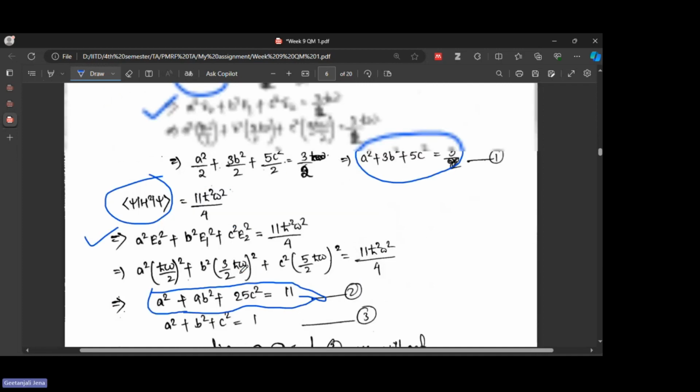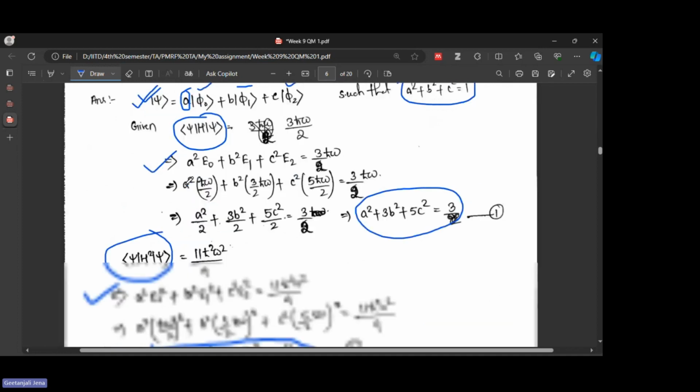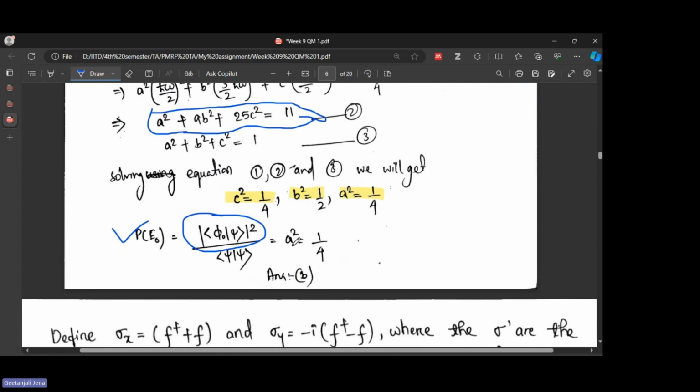If you look at the superposition, the inner product of phi 0 with psi is nothing but A, right? So that means the probability is A square, and we have already calculated the value of A square, which is 1 by 4. So the value you will get is 1 by 4.